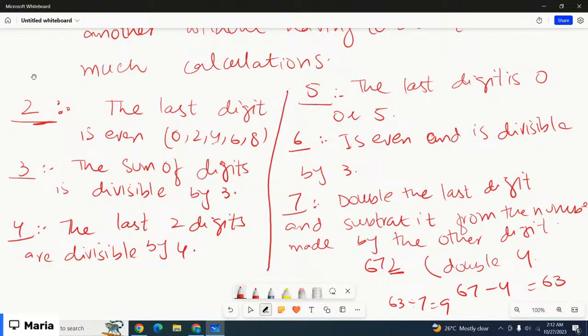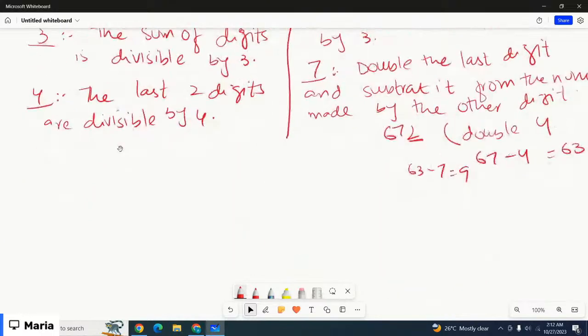Okay, the next one is the divisibility rule for 8. The divisibility rule for 8 is the last three digits are divisible by 8, right? For example, you have the number 216302.